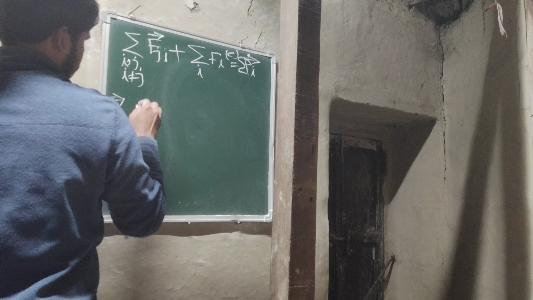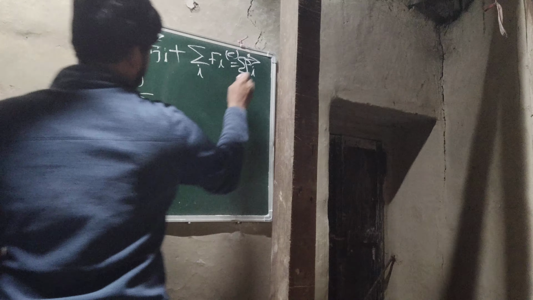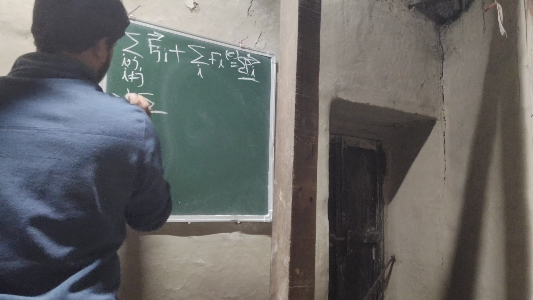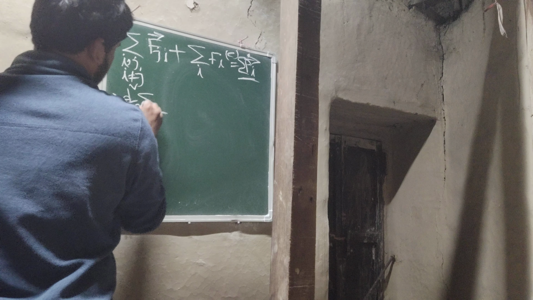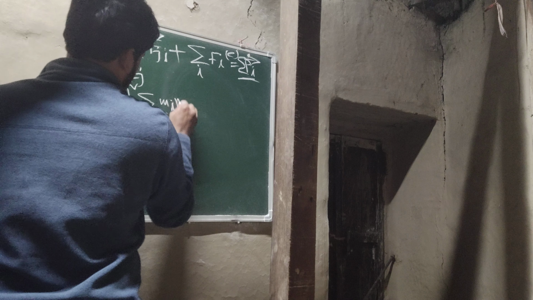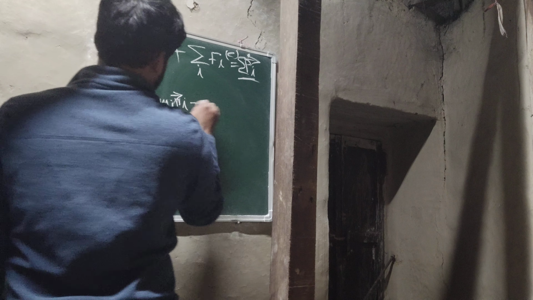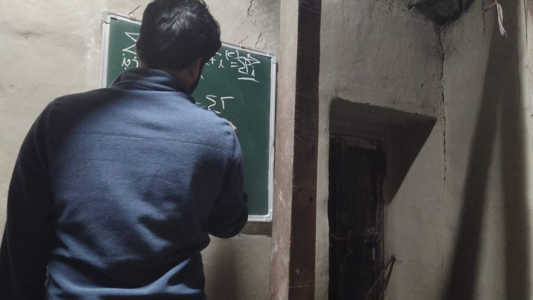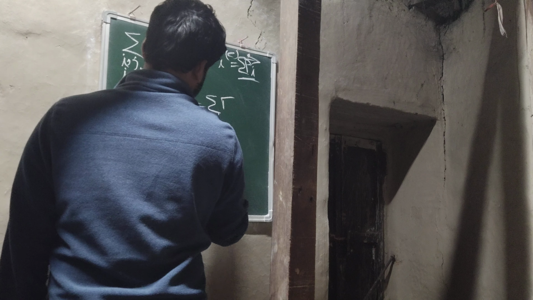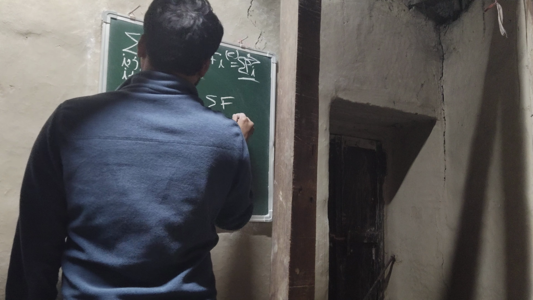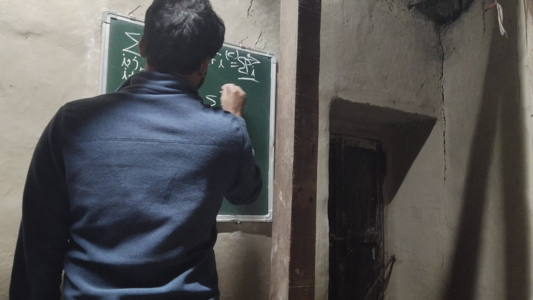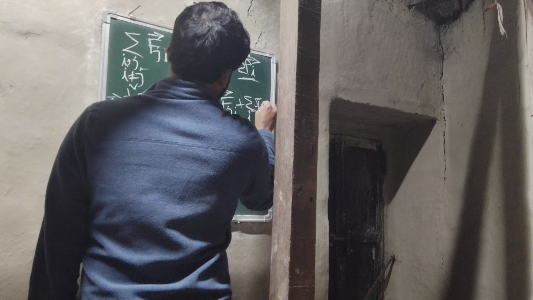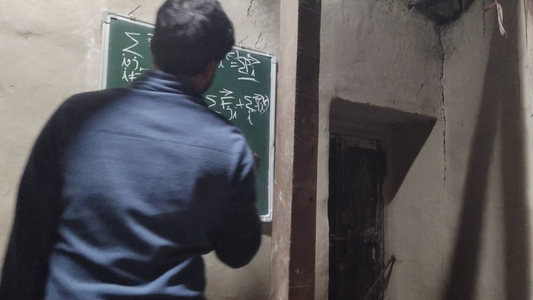Or here we write p_i vector dot equal d2/dt2 of summation m_i r_i vector equal summation over i, j, i not equal to j, F_ji vector plus summation over i of F_i.